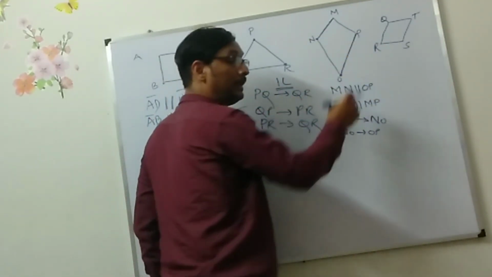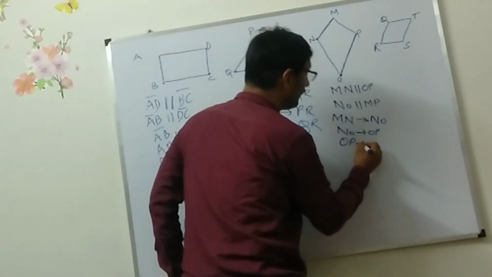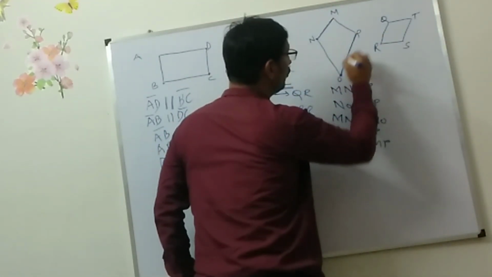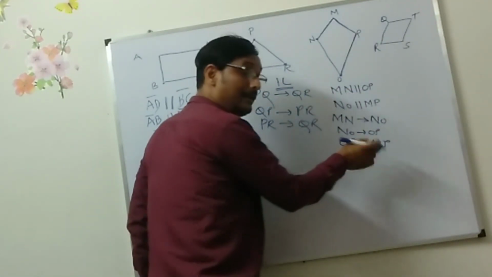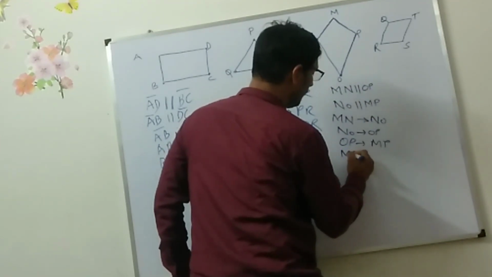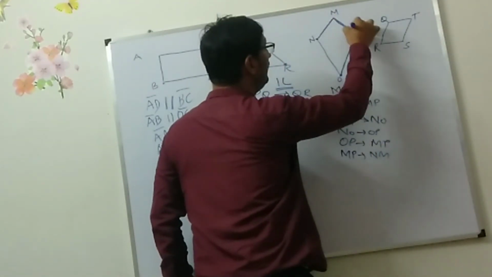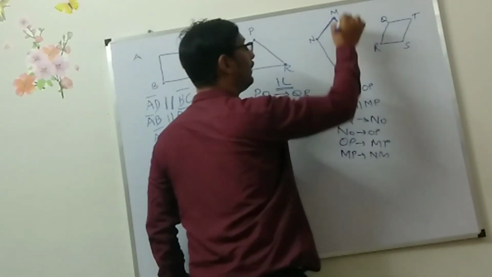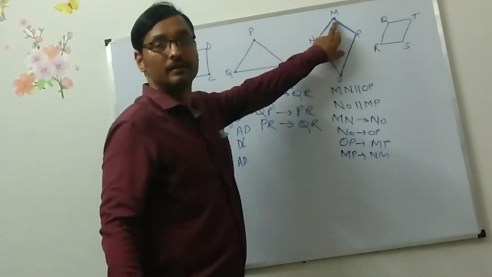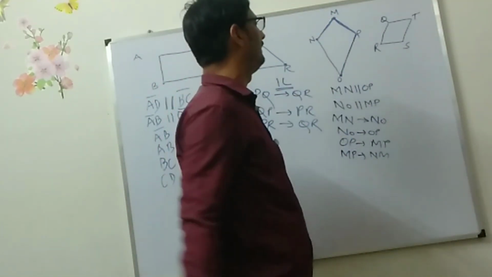So NO and OP are intersecting lines. With respect to OP, MP is joining. So OP and MP are intersecting lines. And with respect to MP, NM is joining. MP and NM are joining at point M. They are having one common point. So NM and MP are intersecting lines.